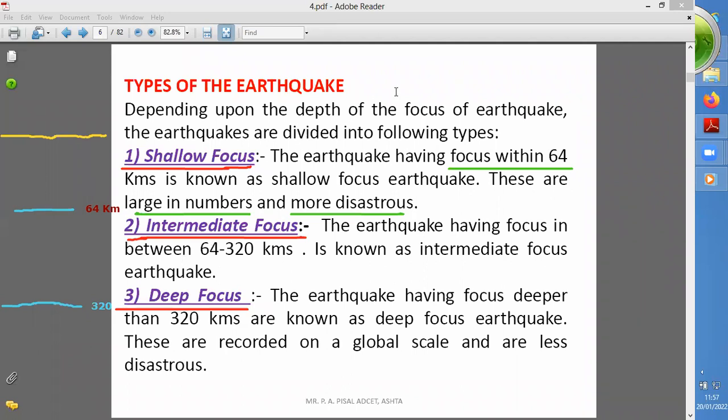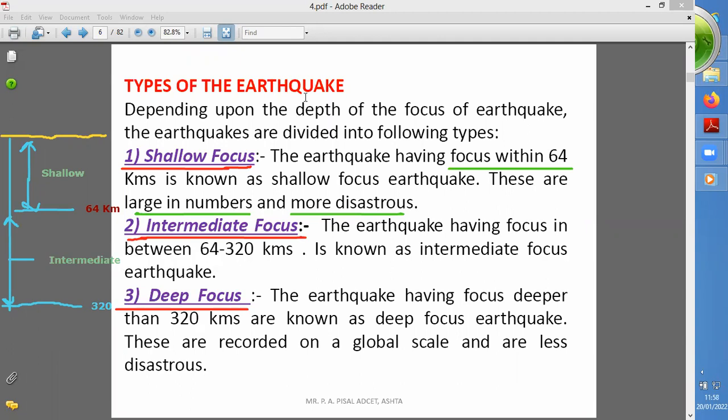The earthquakes having depth of focus within 64 kilometers from the surface are considered shallow focus earthquakes. The second type is intermediate. If the depth of focus is from 64 to 320 kilometers, then it is considered an intermediate focus earthquake.